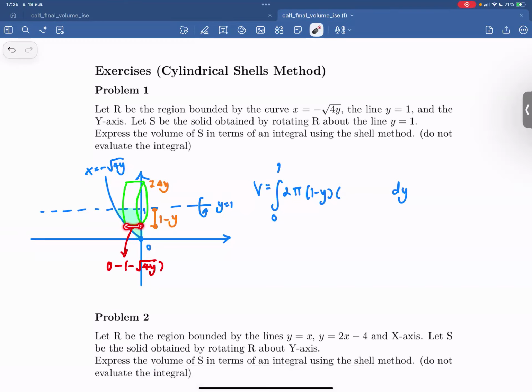So you bring the x of the right-hand side minus the x of the left-hand side. So it should be 0 minus the x at the left-hand side, which is minus square root 4y. Sorry, square root 4y.